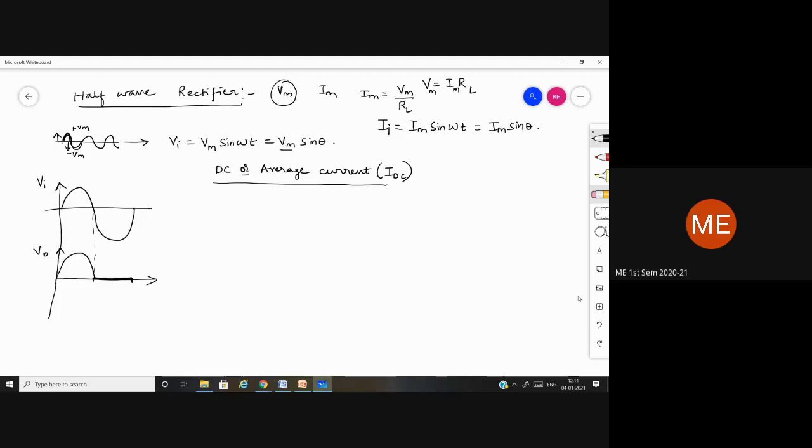But in our half-wave rectifier, what are the components we are using in the circuit? Diode, load resistance, and transformer. These three things.